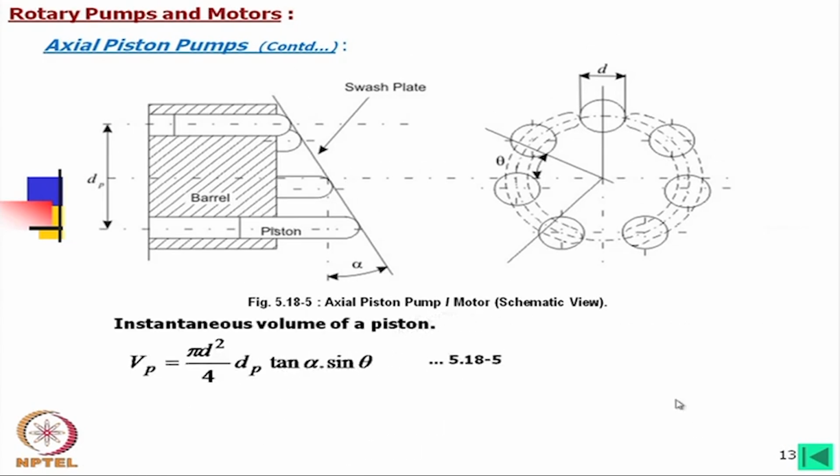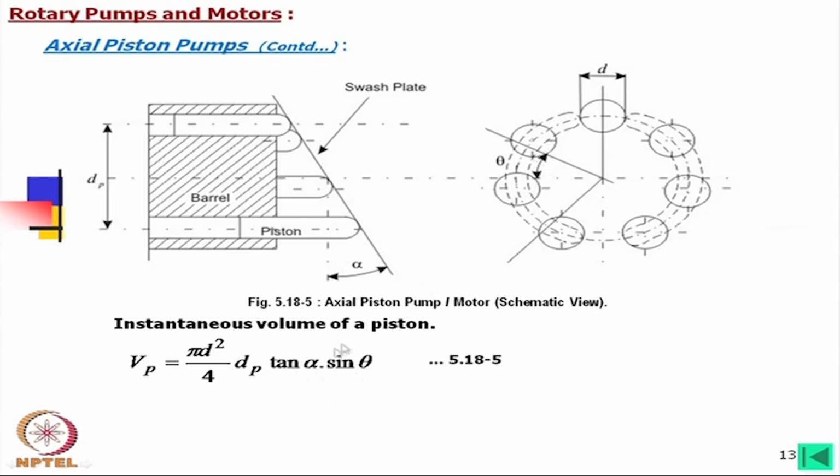Now, to calculate the instantaneous volume of a piston, that means of a single piston, in that case again dP into tan alpha is the maximum stroke length. Now, we have to consider the component of this at an angle theta.